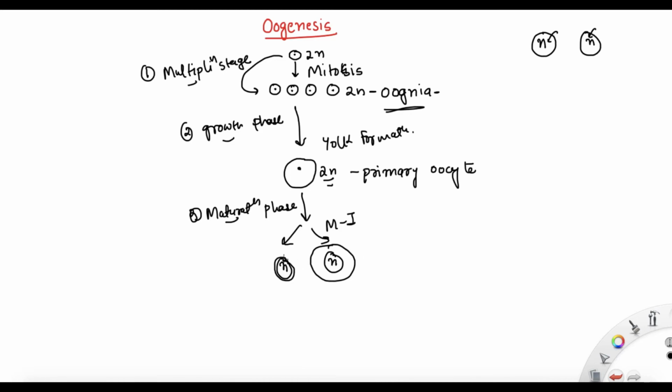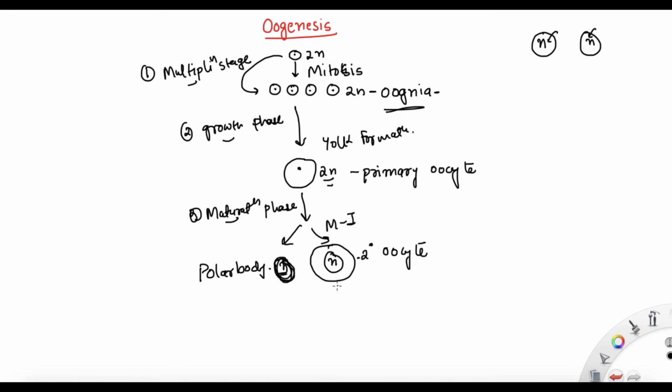One will be a small polar body that will have half of the chromosomes and very little cytoplasm, and the other cell will have half of the chromosomes and most of the cytoplasm. This is what we refer to as the secondary oocyte.